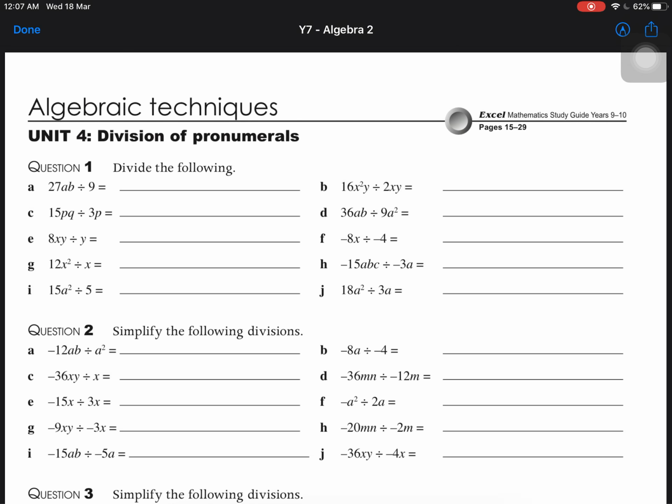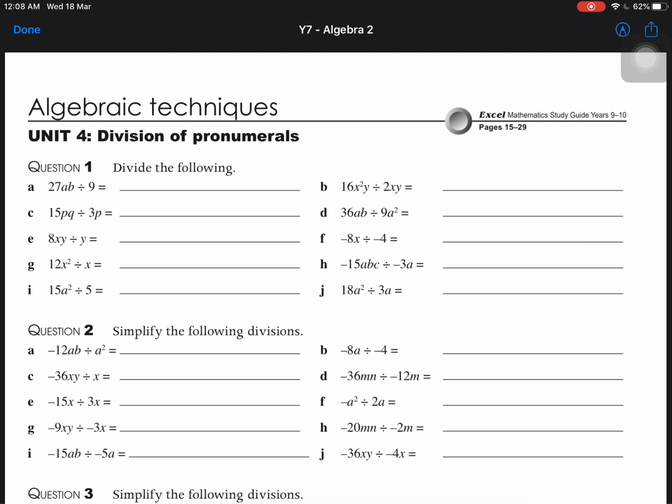So I'm going to pick a few questions from each part, and then we are going to discuss the methods to solve it. As usual, I'll upload the answers on Google Classroom so you can mark the rest, but we are going through this so that the techniques or the methods that you used to solve the questions will be justified at some point.